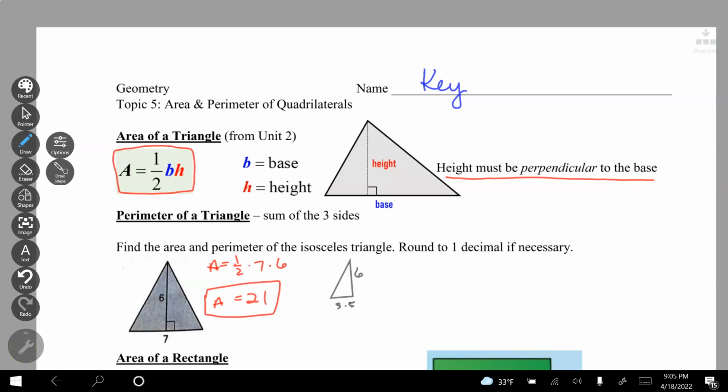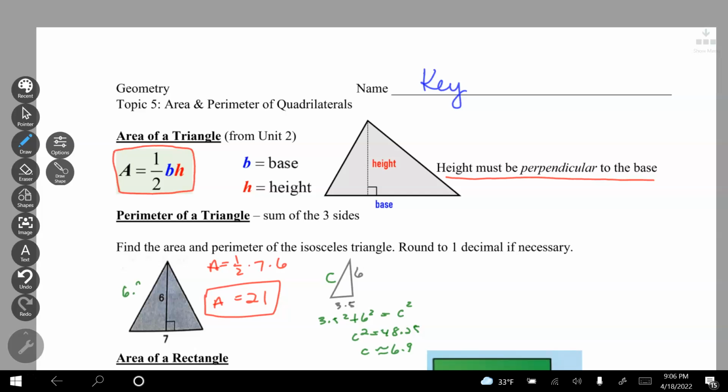Well, I'm only going to draw half the triangle. The height is still 6, but the bottom side is 3.5, and I know 3.5 squared plus 6 squared is going to equal that side C squared. This is side C. So C squared is 48.25, or C is about 6.9.